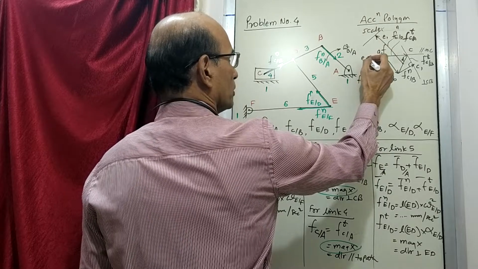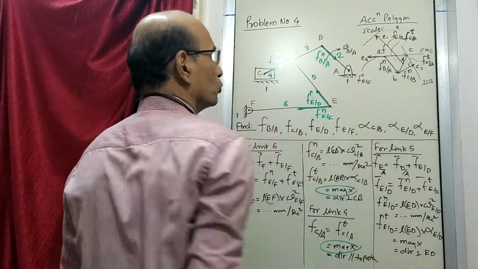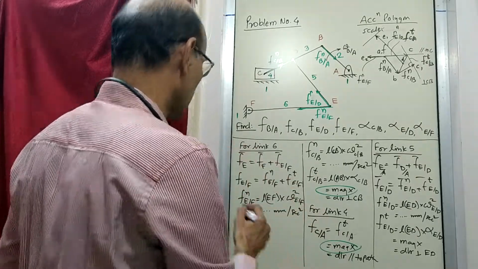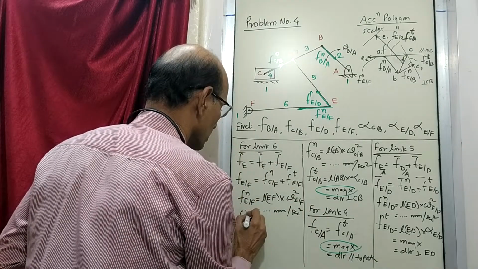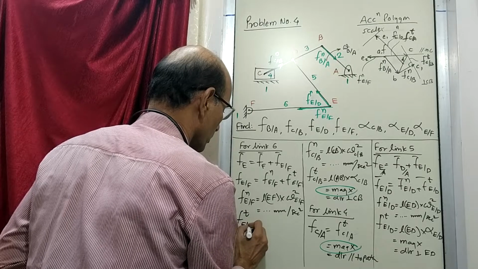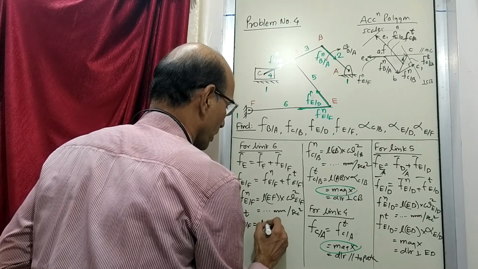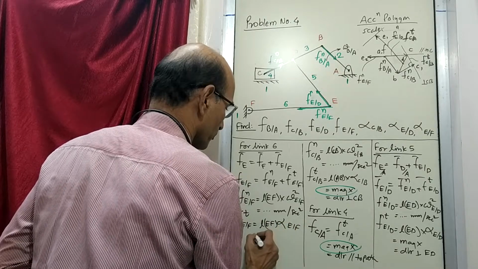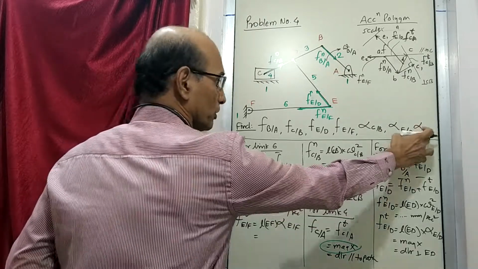So this vector is from F to E. This is E1, this is E2. So we have drawn this vector. Now the other vector is the tangential. Now this is R alpha, so EF into alpha. Now out of that, alpha is not known, it is asked.